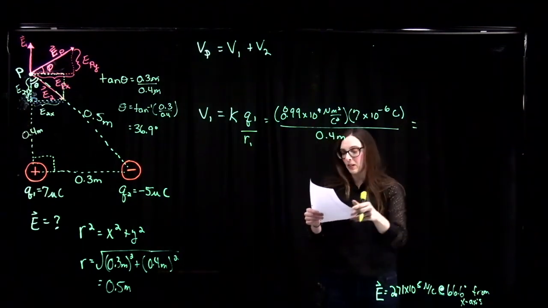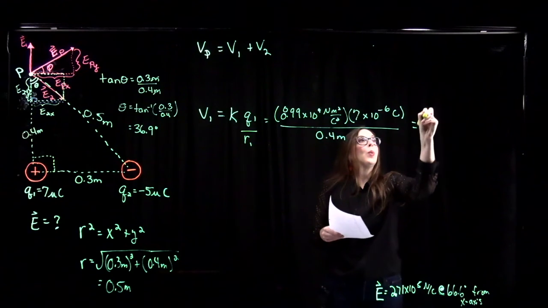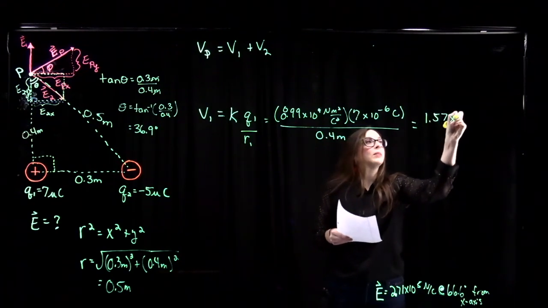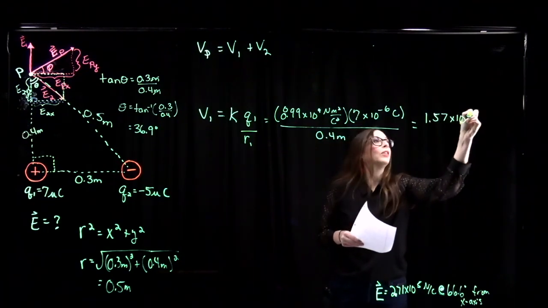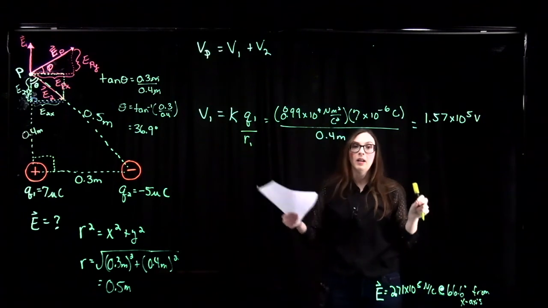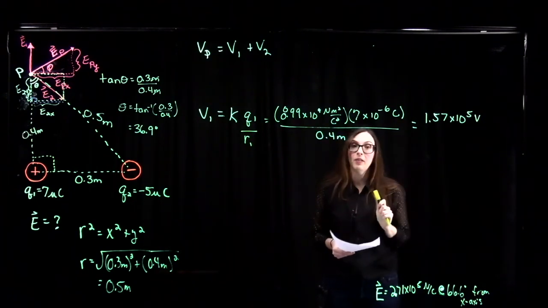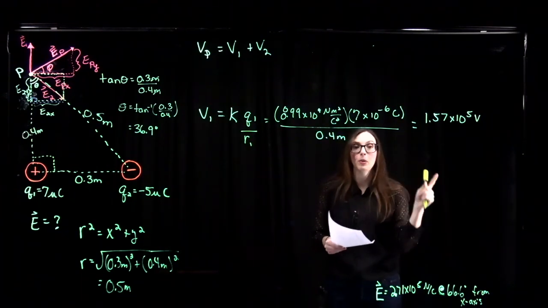Then this electric potential is 1.57 times 10 to the 5 volts. Our unit on electric potential is the volt. 1 volt is 1 joule per coulomb.